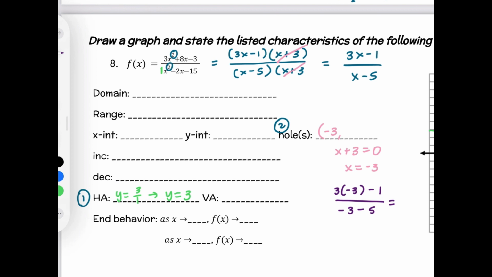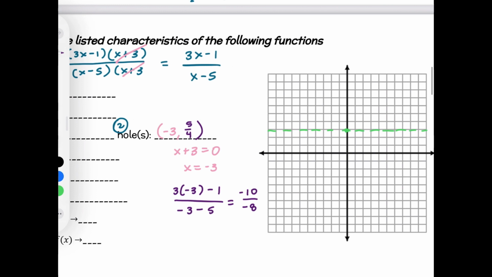We would end up with -10 over -8, and then simplify that, it would simplify to 5 over 4. And you will have a calculator for these types of questions. All right, I'm going to go ahead and put my hole on my graph too. Remember that your hole needs to be an open circle, and it's going to be at 5 over 4, which is a little over 1.